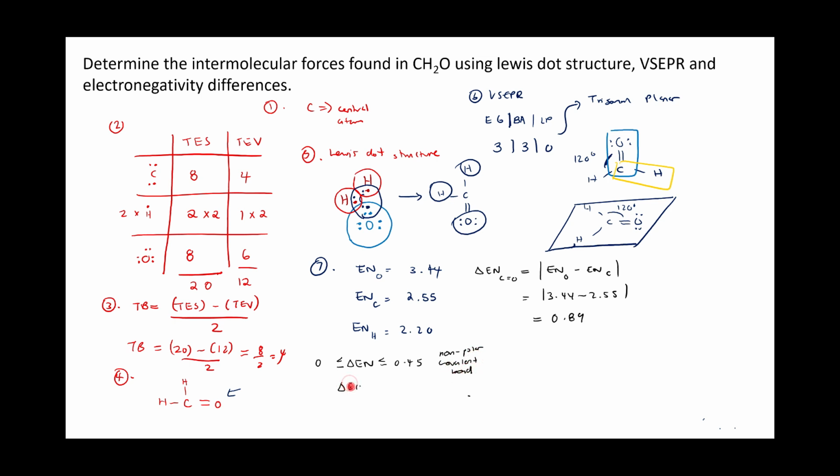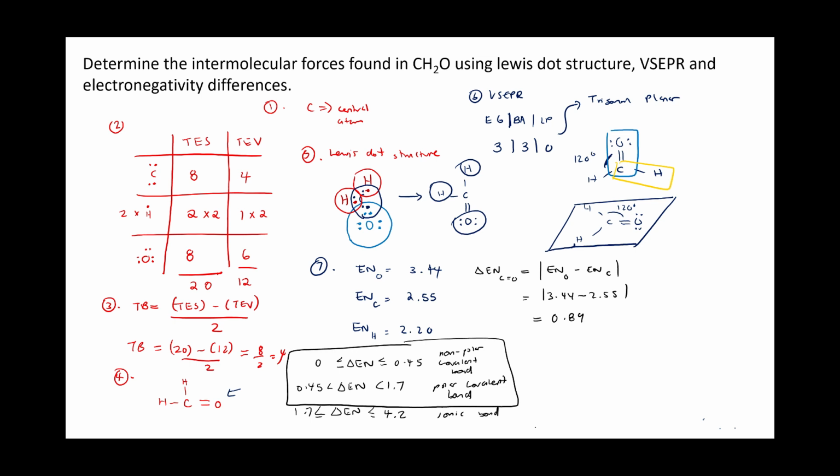If the electronegativity difference is greater than 0.45 but less than 1.7, this is a polar covalent bond. And if the electronegativity difference is greater or equal to 1.7 but less than or equal to 4.2, this is an ionic bond.